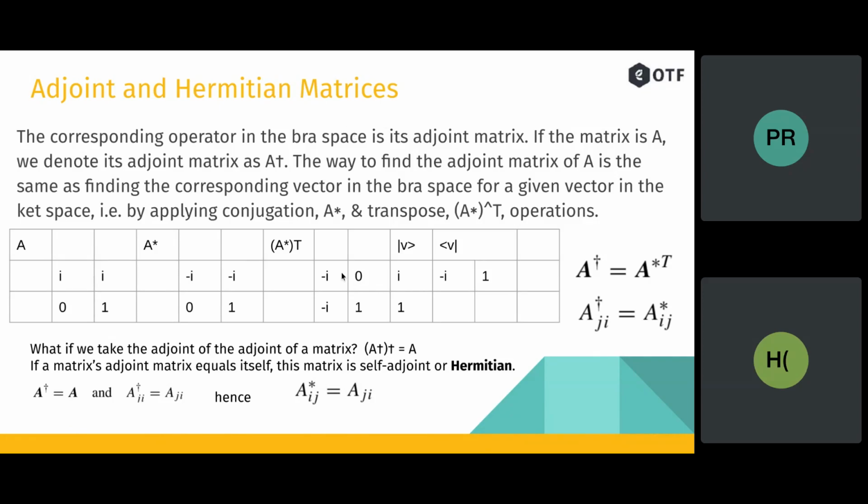But if you take a complex conjugate transpose of the matrix and it turns out to be the same matrix, then that is a self-adjoint matrix, or Hermitian matrix. If you have a Hermitian matrix, it is self-adjoint and can be represented as A dagger. A dagger is nothing but the complex conjugate of the transpose, and the elements A_ji dagger equal A_ij star. In the specific case when they are Hermitian, A_ij dagger should be equal to A_ij, and A_ji equal to A_ij star.